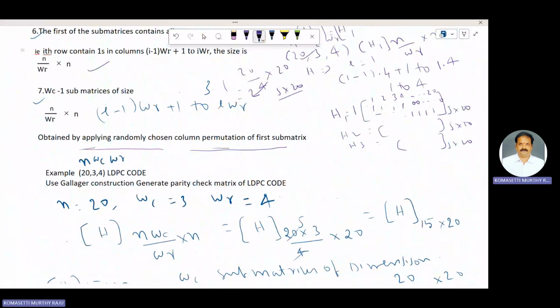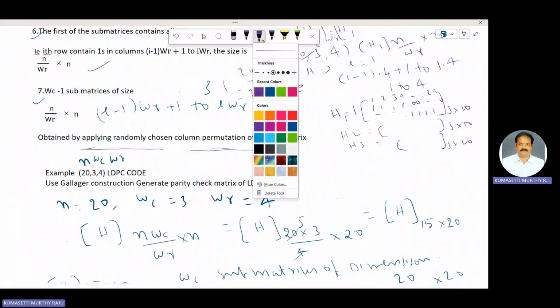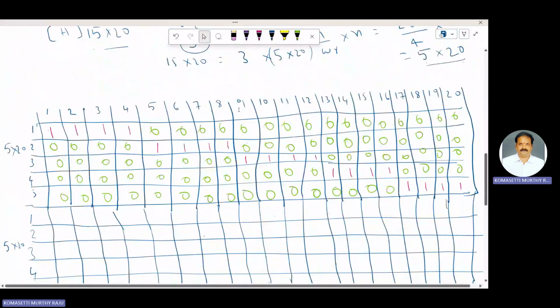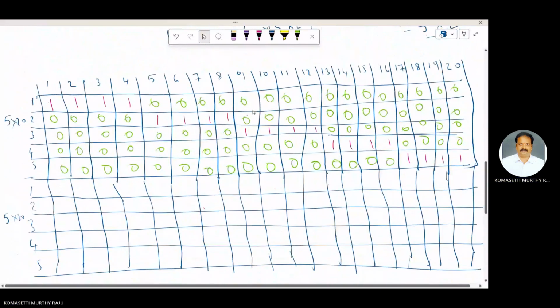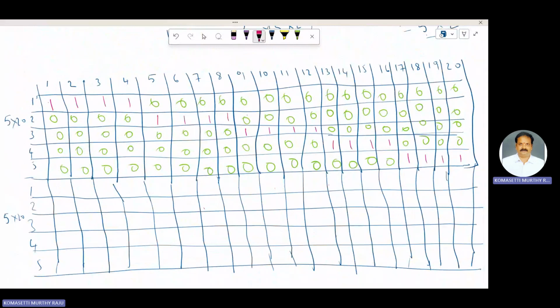Column permutations. Now we will see column permutations. Here 20 columns are there. Column permutations means columns are changed. One way here is again each column contains a single one. I will follow some simple method here.